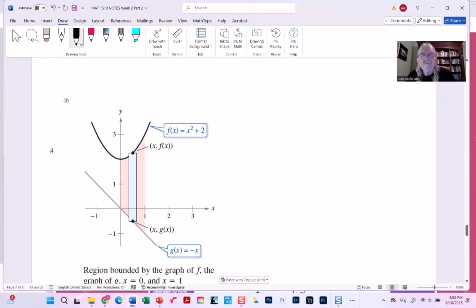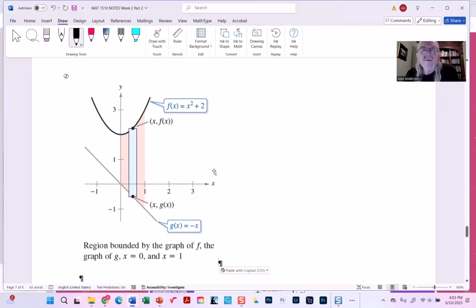We're interested in the interval from 0 to 1. That tan region is what we're looking for. And the rectangle that we're seeing here, which they're calling the representative rectangle, has a height equal to f of x, wherever x is. Actually, the height is the difference between f of x and g of x.